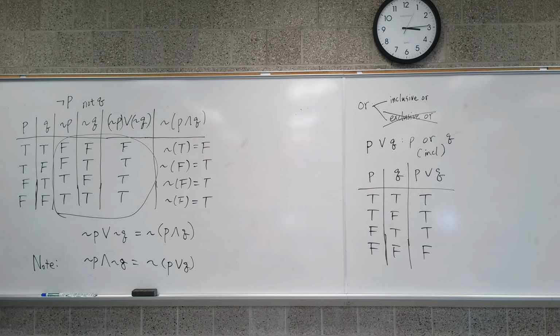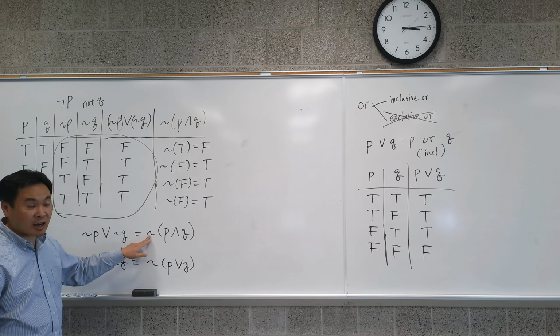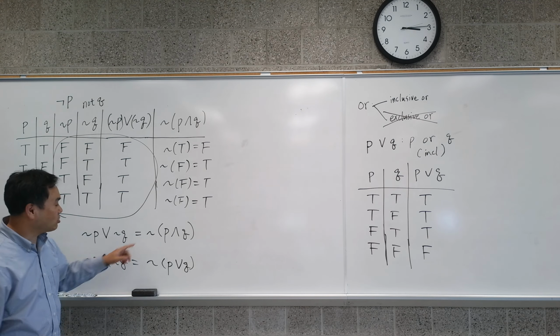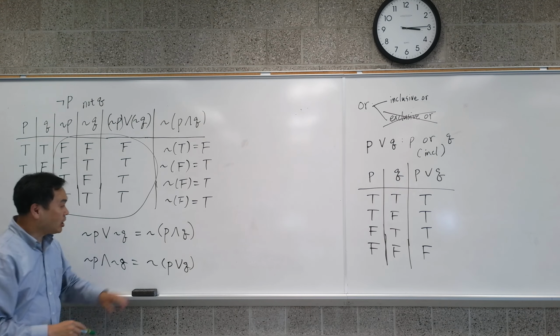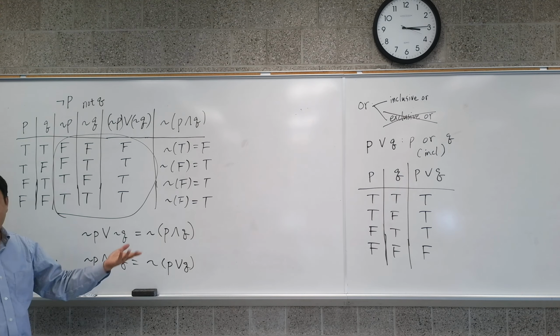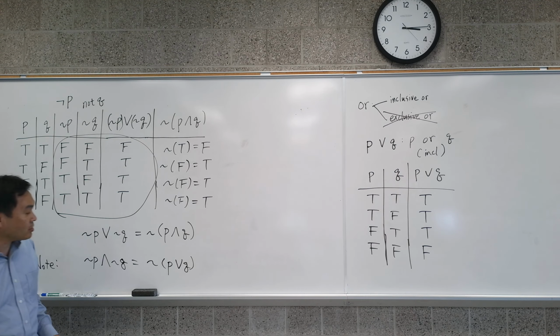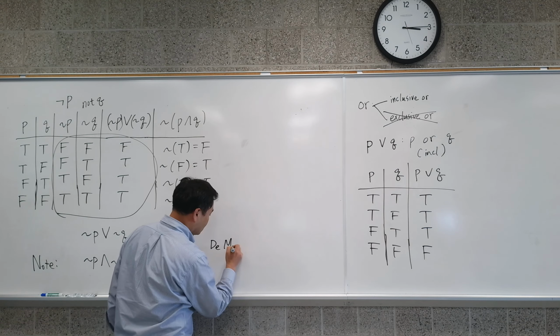These rules have some commonality: if you have a not operator outside an and or an or, you can distribute that not operator to each individual one, and you flip the and to or, or the or to and. Is that good? That has a name called De Morgan's law.